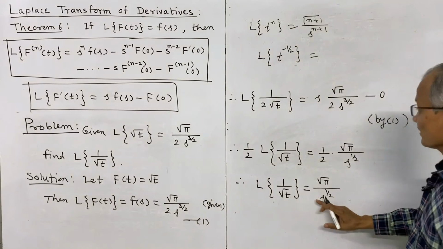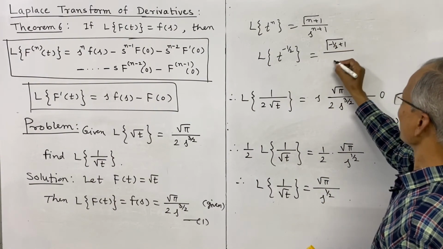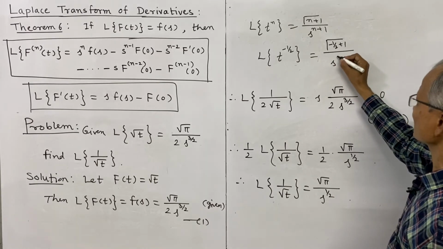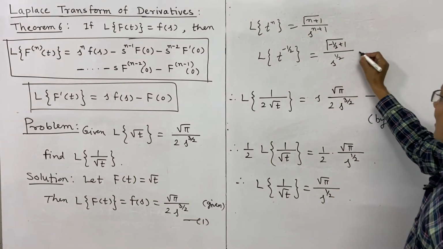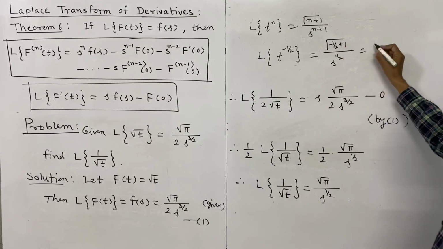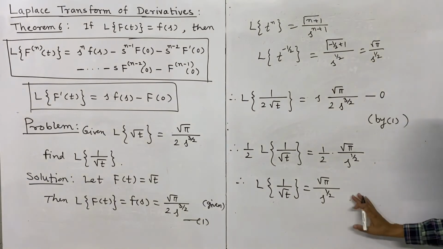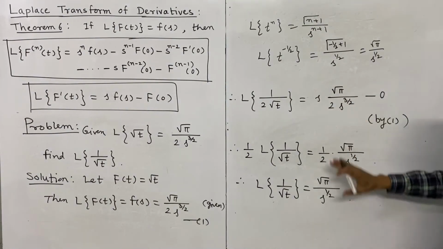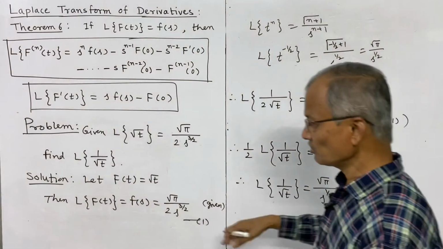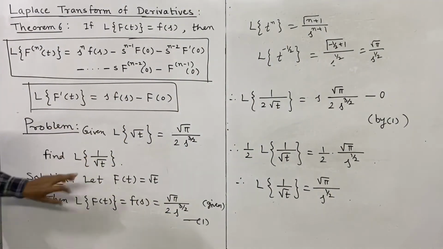That will be gamma of negative half plus 1 divided by s to the power negative half plus 1. And what is negative half plus 1? That is 1 half, and gamma of 1 half is root pi. So root pi divided by s to the power half. So that is verified. This is written for verification. But how to use the theorem? To understand that, we have this problem.